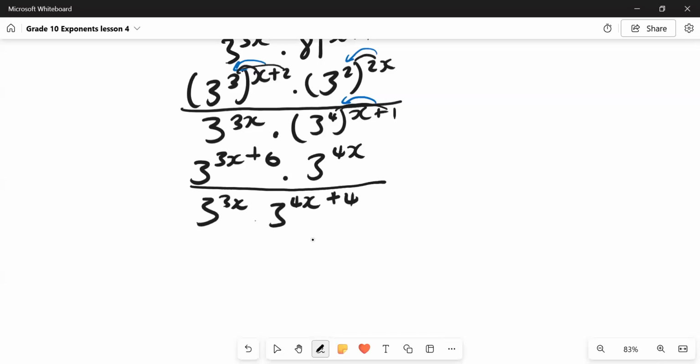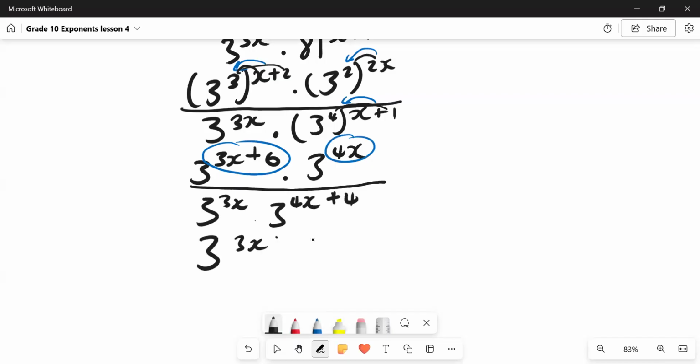And then from here, we use law number 1 and 7. So let's start with this. 3x plus 6 plus 4x. You multiply the same bases, you add exponents, right? And then now we have to consider these ones.